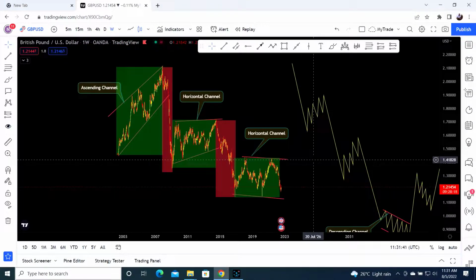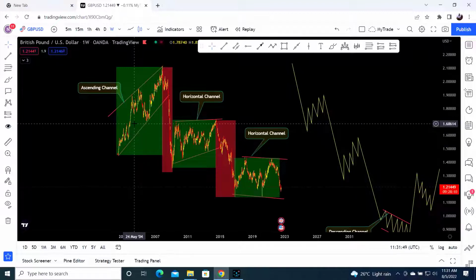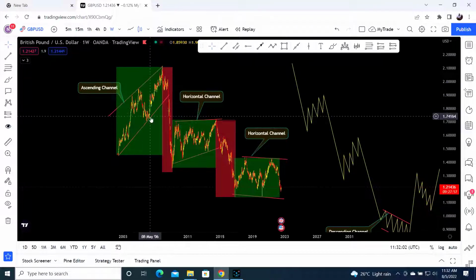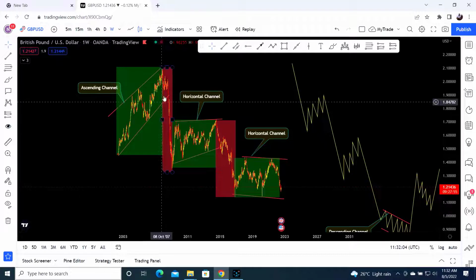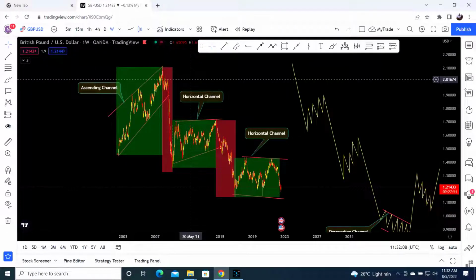Now, the function of an ascending channel is that price, which is moving upwards, is losing momentum. So there is a higher probability that the next impulsive phase will be to the opposite side. That's the meaning. Price is moving correctively here, so there is a higher probability that the next impulsive phase will be to the other side.